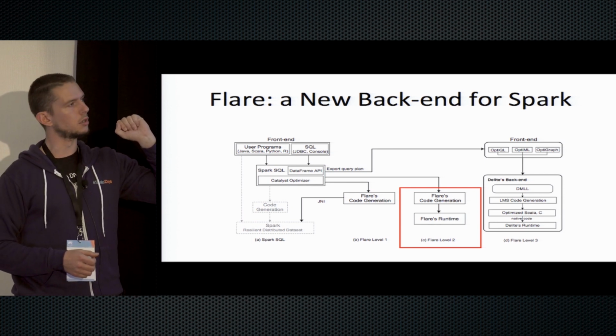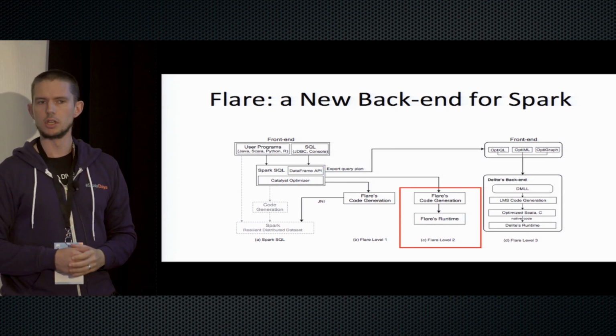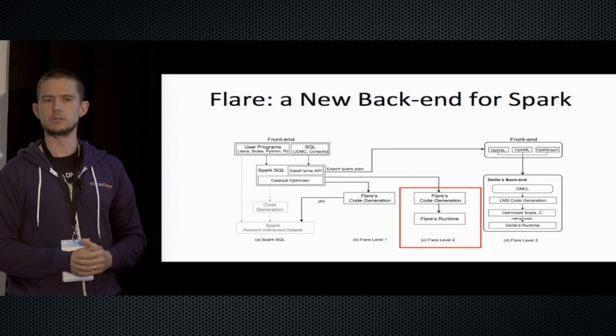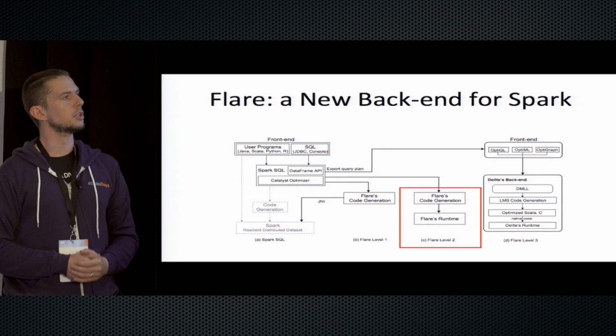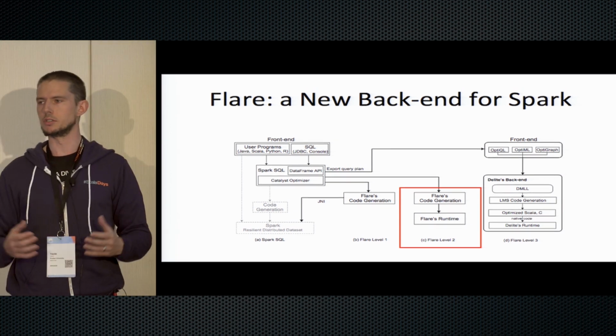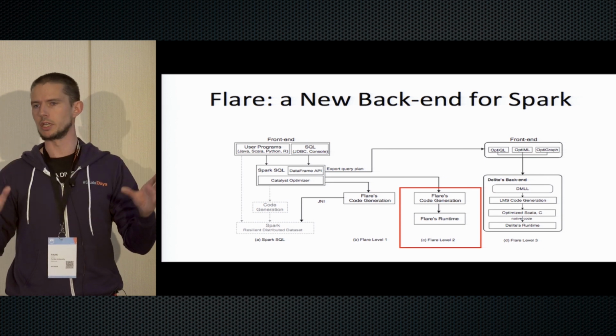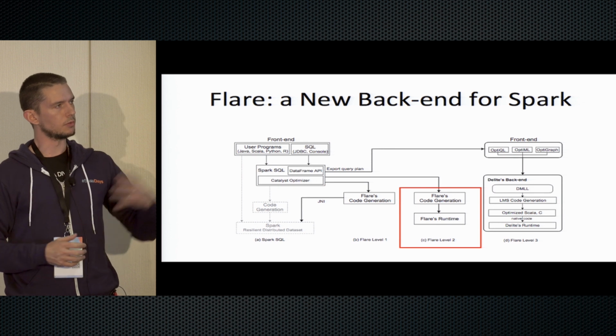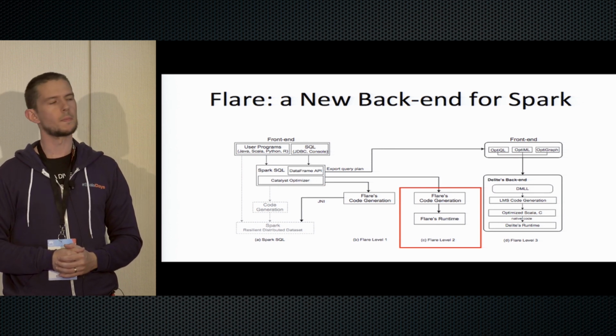Where Tungsten would generate Java code, we generate C code and link it via JNI into the running JVM. But that has the same limitations as what Spark normally does: we don't see the whole query, we don't have a global view, and we're limited in the optimizations we can do.